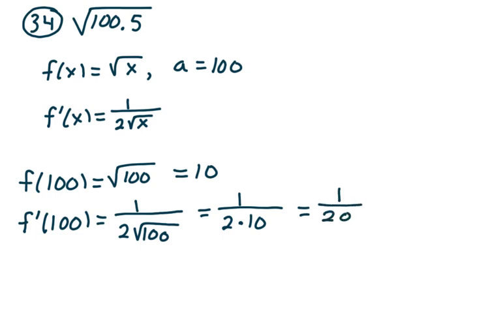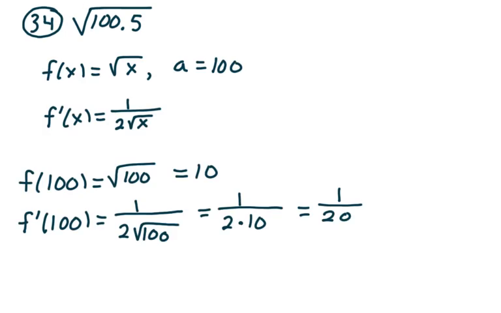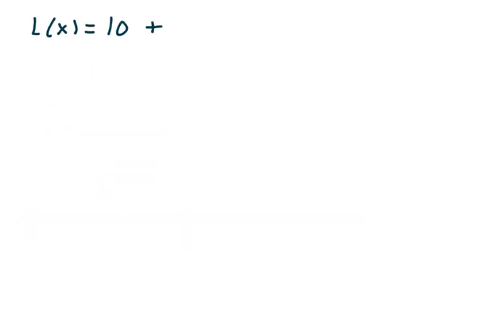Now, we're going to look for L of x first. So L of x is equal to 10, that's the first part, that's my f of 100, plus 1 over 20 times x minus 100. And that tells me what f of x is approximately when x is close to 100.